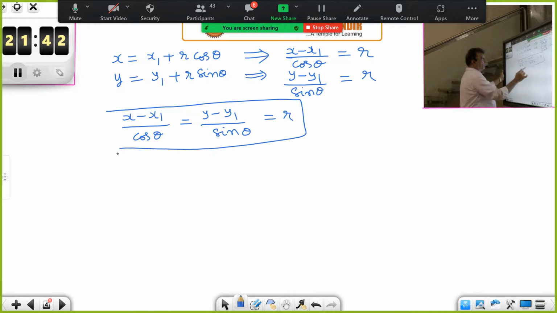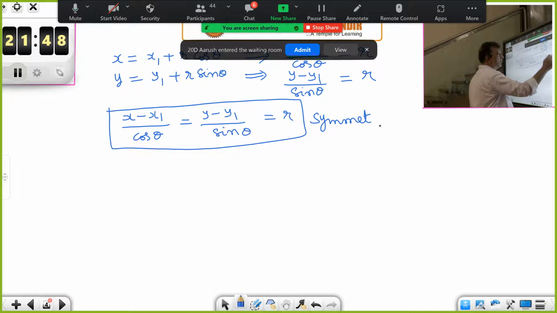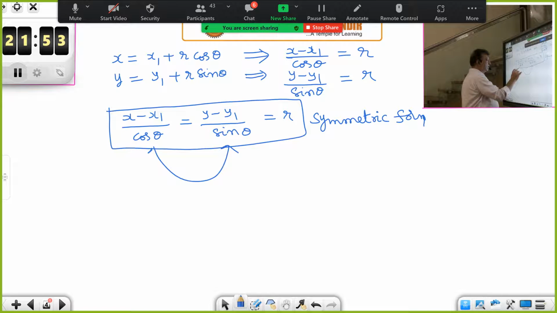If you put the equation in this form, then it is called symmetric form. The symmetry is in the first two terms. X minus x1 by cos theta is equal to y minus y1 by sin theta.